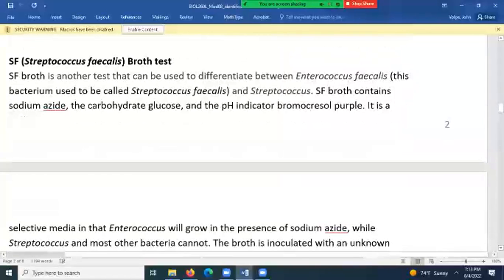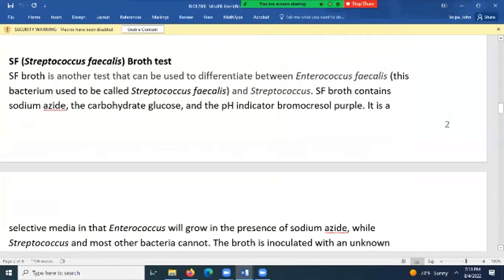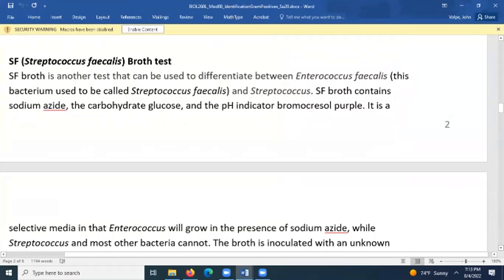All right. The next test we're going to talk about is the SF broth test. The SF broth test is named after Streptococcus faecalis, which is actually now a misnomer because they used to call the species Streptococcus faecalis, but with the DNA sequencing of the bacteria, they now realize it's not in the Streptococcus family, and it's actually in the Enterococcus genus.